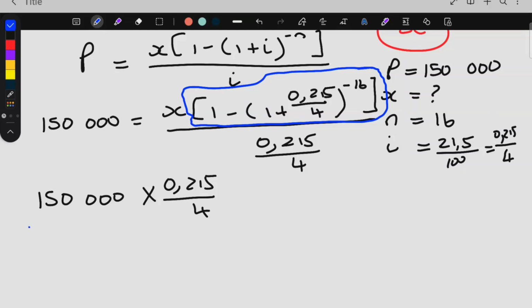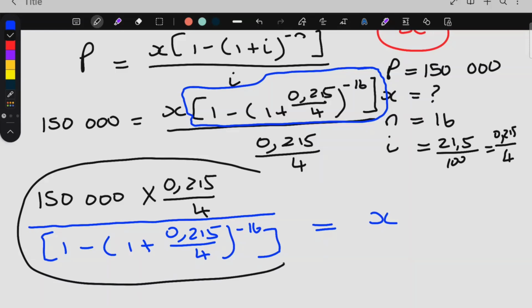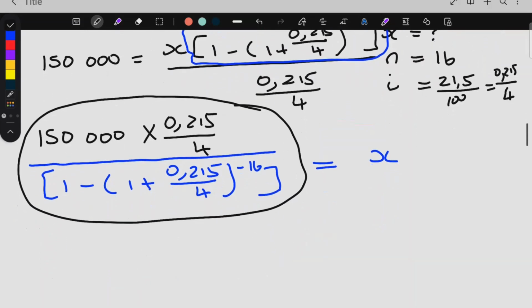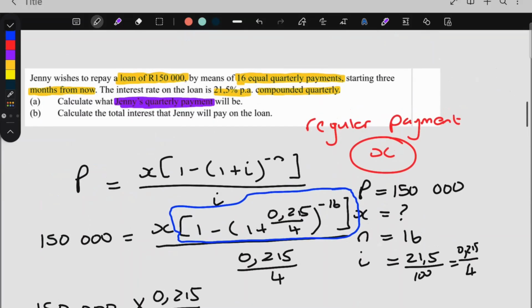So I'm going to bring that whole bracket down and put it here at the bottom. So that whole bracket will go here now, eh? And this is now all equal to X. And now I can put all of this in my calculator and work out the value of X. Okay, and I get my X to be 14,212.35 cents.